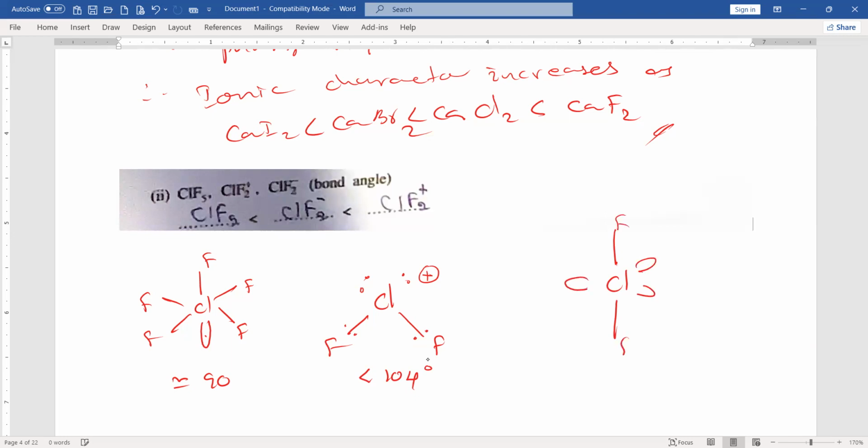And it will be minus, so the bond angle may be 180. And therefore, the bond angle is highest in this case, not in this case. Understood?